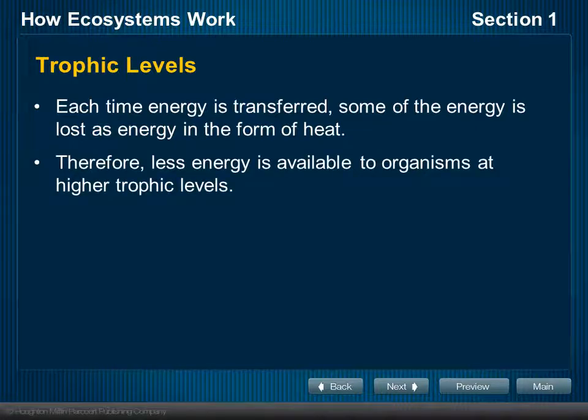Okay, what this means is that as you move up through the trophic levels, there's actually less energy available to organisms at the higher trophic levels. And that's why there's fewer organisms up there. That's why there are fewer killer whales than there are krill, or fewer killer whales than there are leopard seals. It's not simply a function of the fact that that thing is the apex species because it eats everything else.